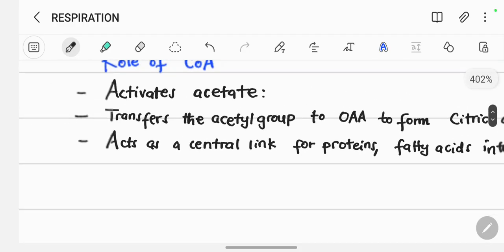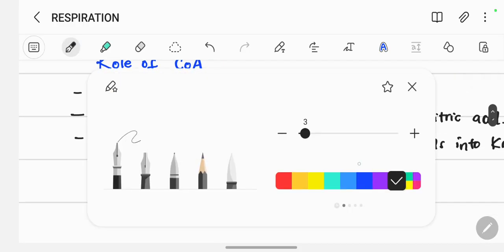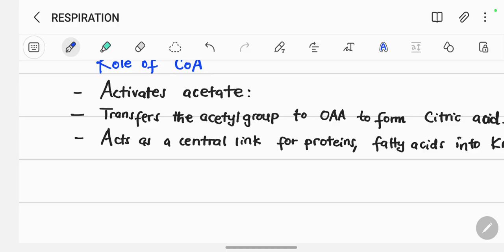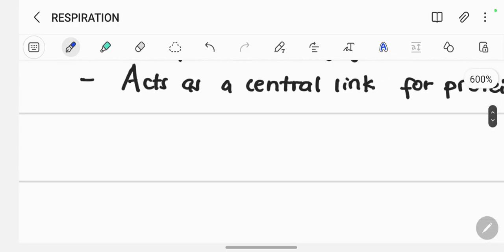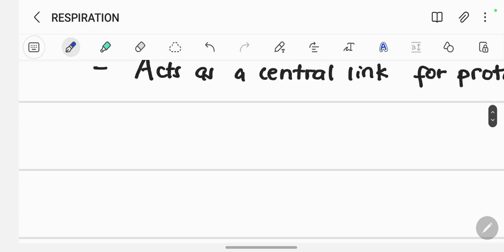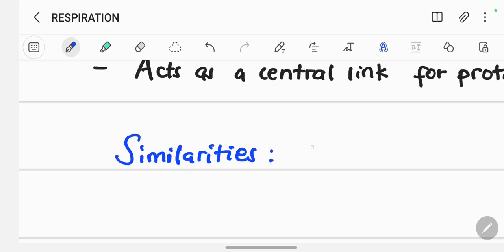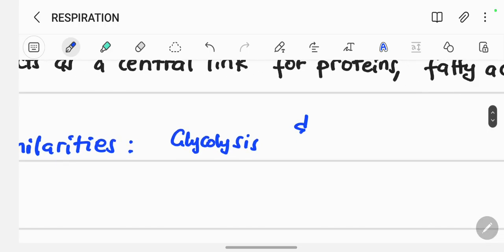Then we have to talk about the similarities between glycolysis and the Krebs cycle.